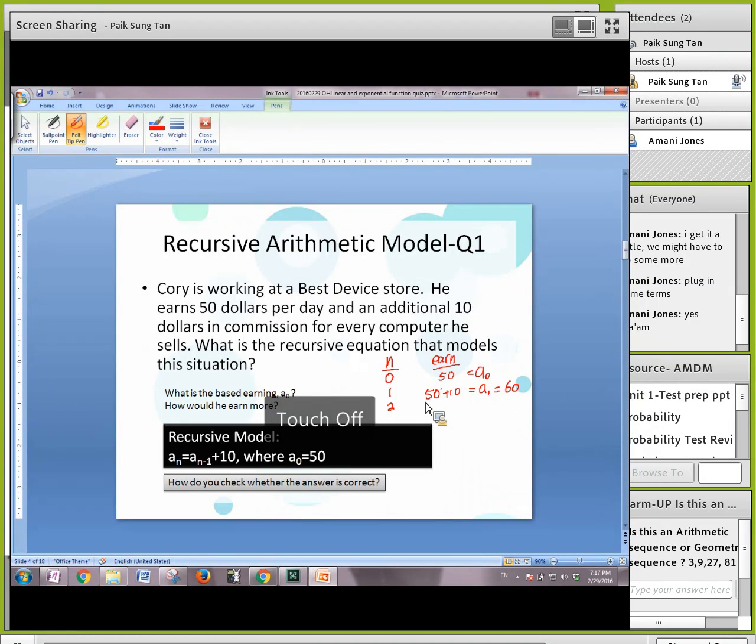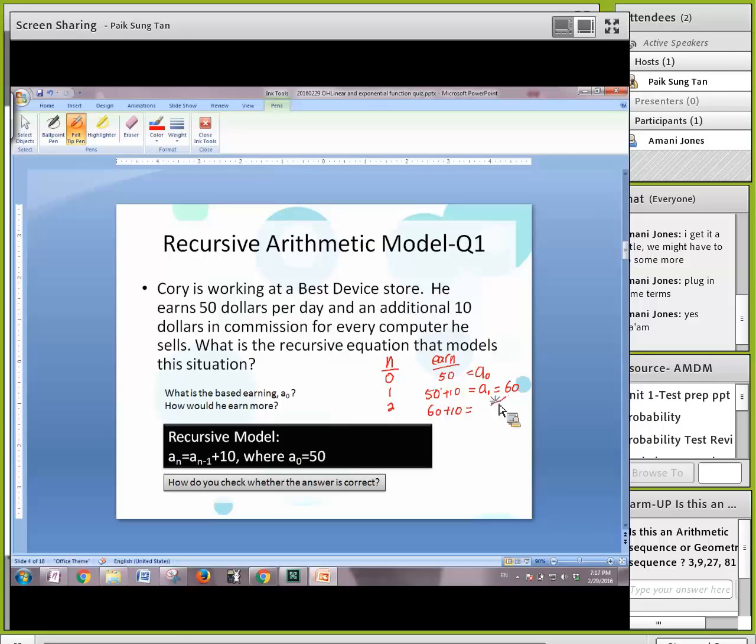You got that? And then if he sells two computers, you're actually using $60 plus another 10, right? So where do you get 60 from? 60 is from a previous term.